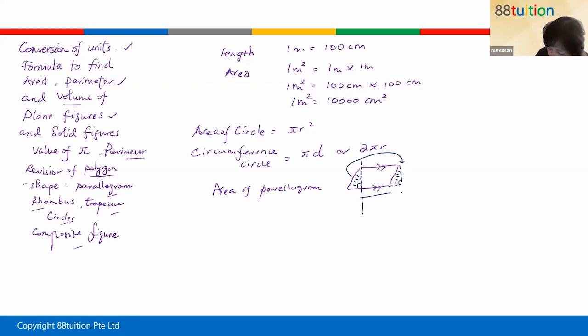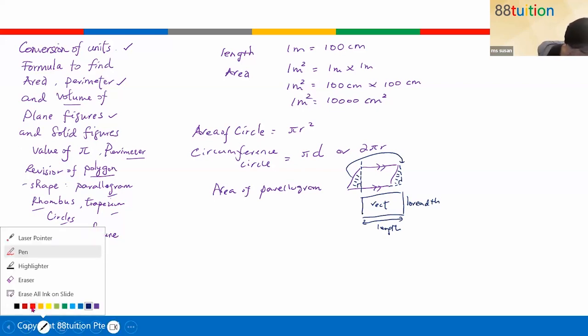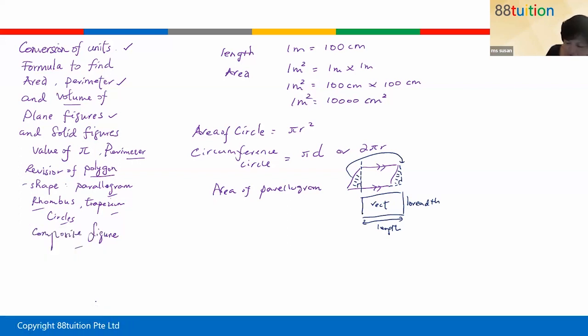It will end up with a rectangle shape, and a rectangle's area is length multiplied by breadth. For the parallelogram, we call it the base multiplied by the height.